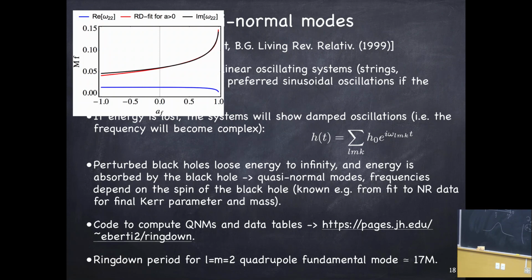In one way, you're exciting waves which go with the rotation, and in the other way, you excite waves which go against the rotation. And so for Schwarzschild, these are the same, but otherwise they're not. They really have different physics. They're more damped or less damped. Okay?